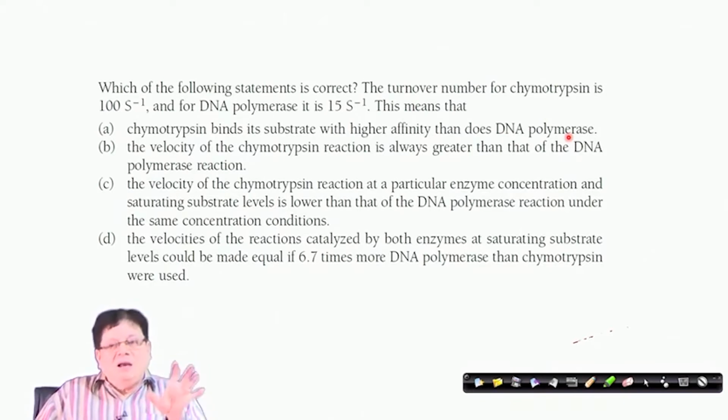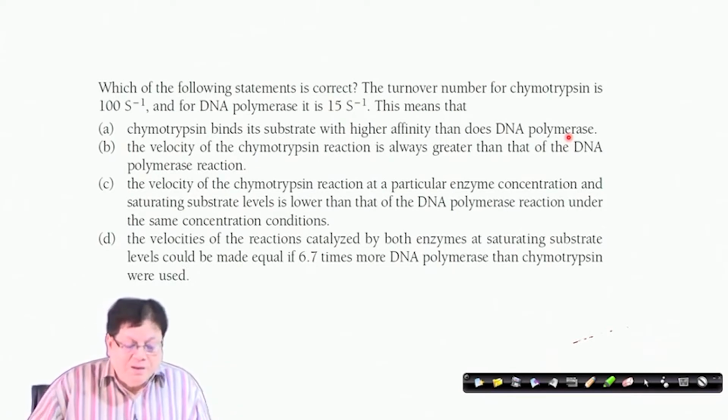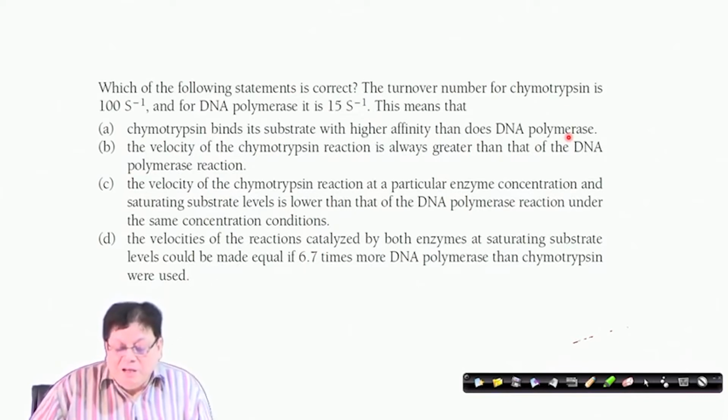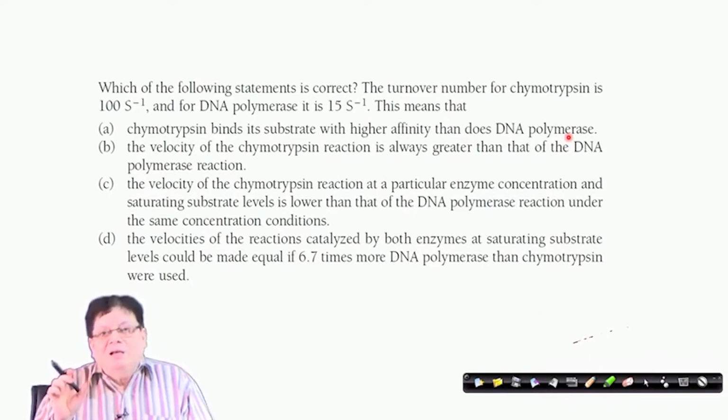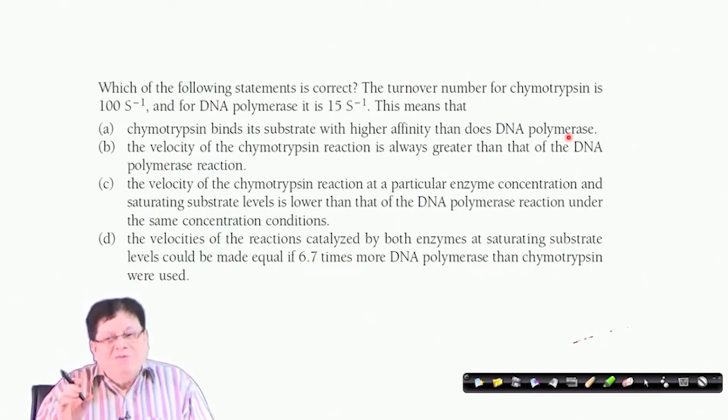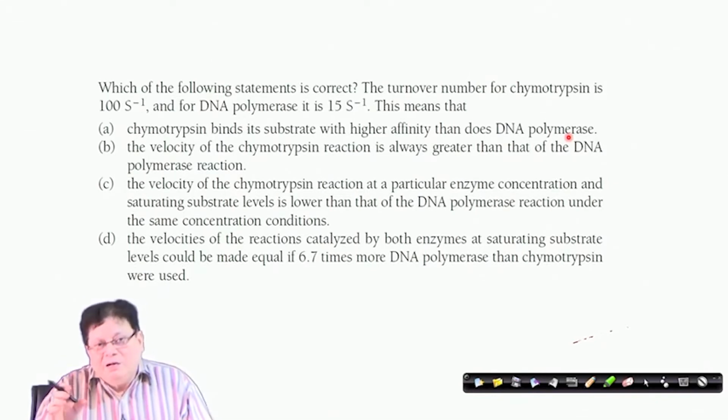It does not have any connection with your higher affinity of binding, substrate with higher affinity. It does not have any connection, because affinity means the stability of the ES complex. Affinity is directly related to the Km value.